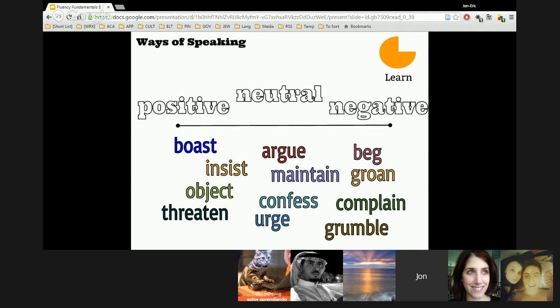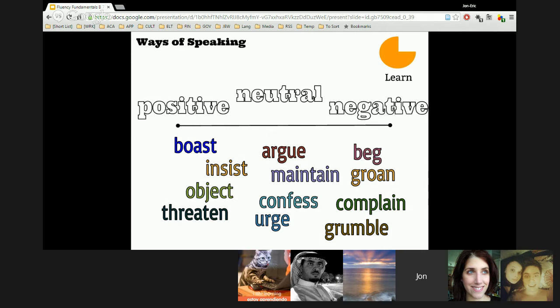You're absolutely right. Threaten is a negative word, and it means to imply or to suggest or to say that you're going to do something violent or something very, very bad to the person. Absolutely. Okay? So I think some of these words are pretty easy. Like, I think argue is not difficult to understand. We'd all agree that argue is a negative word.